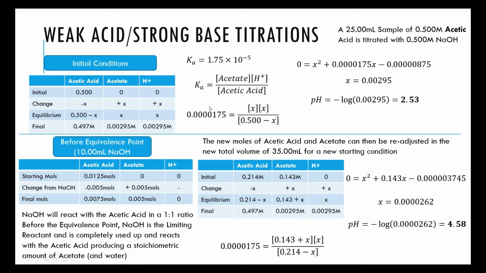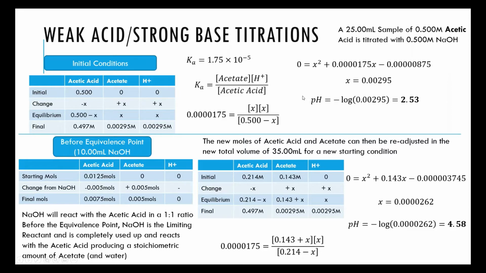So when it's in solution, there is an equilibrium between the acid and its conjugate base with H+ on the other side. And that's where the Ka, or the acid dissociation constant, would come into play and play a role in determining the pH throughout these titration curves.